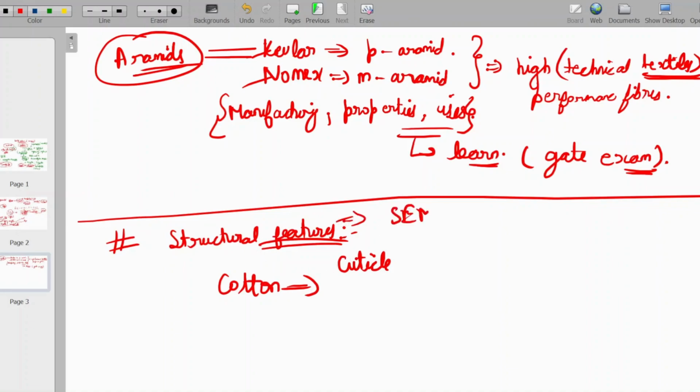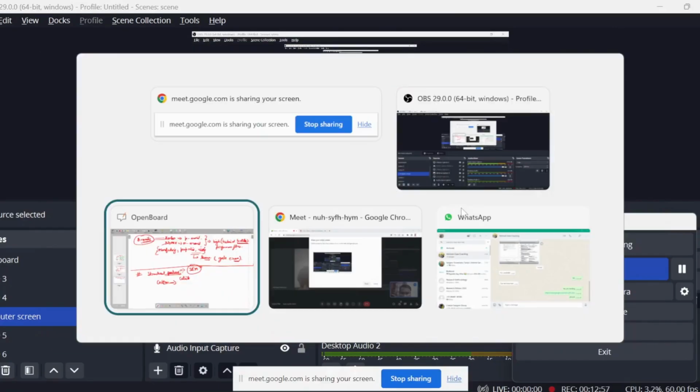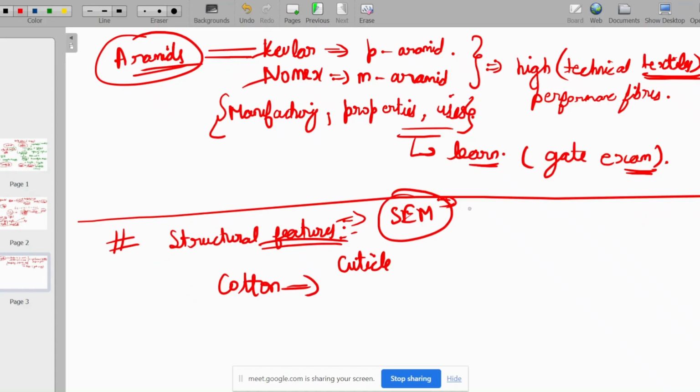This is seen by SEM, scanning electron microscope. SEM is a microscopic imaging tool which can take images from 10,000x to 1 lakh x.